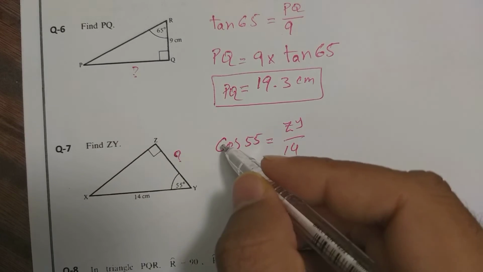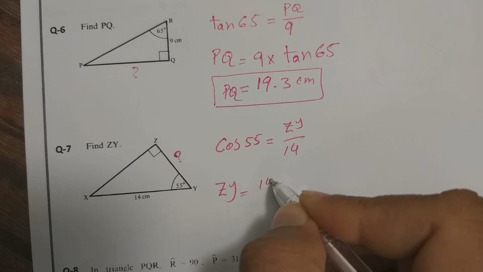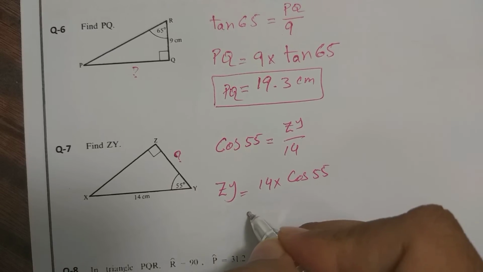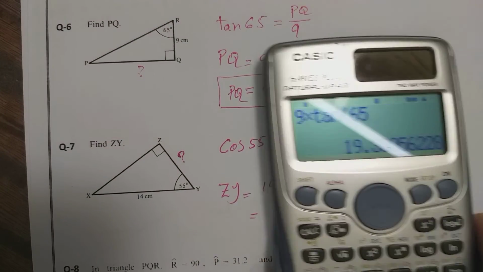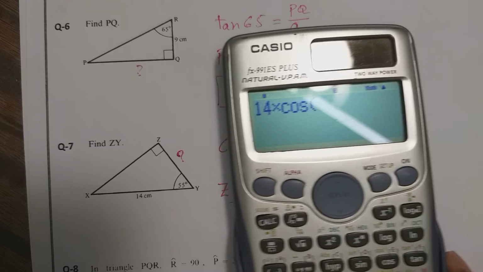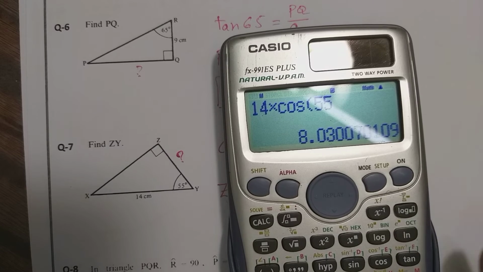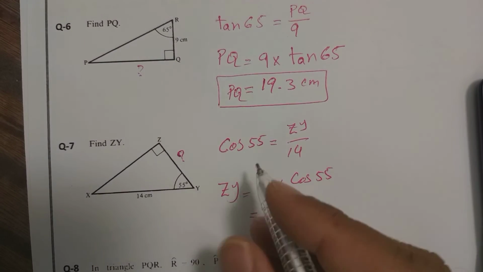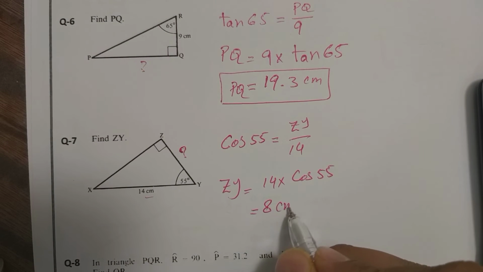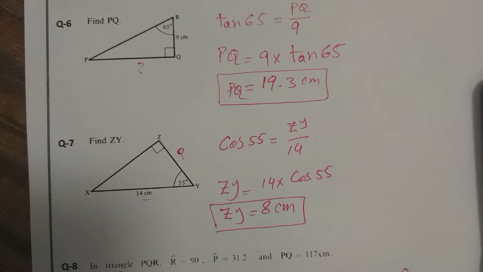Again, this is division, when transferred to the other side it becomes multiplication. So ZY equals 14 times cos 55. Simplify it, you find the answer. So 14 times cos 55 is 8.03. Because it's a very minor difference, I'm just taking the whole number, which is 8, and its unit is centimeter, so ZY equals 8 centimeters.